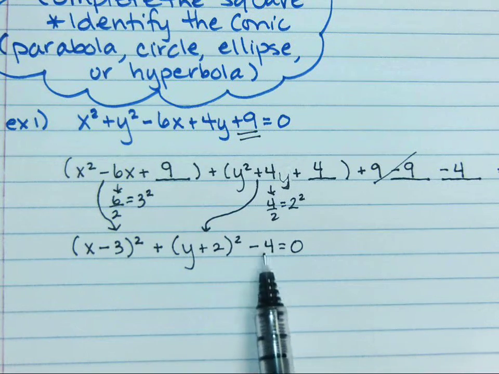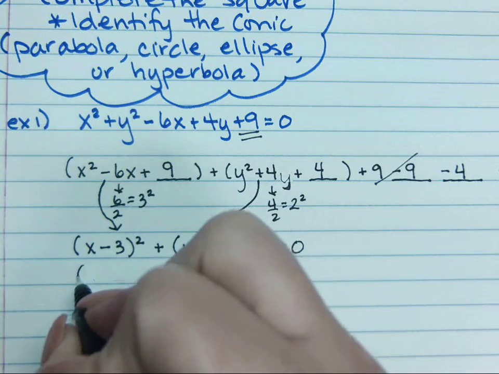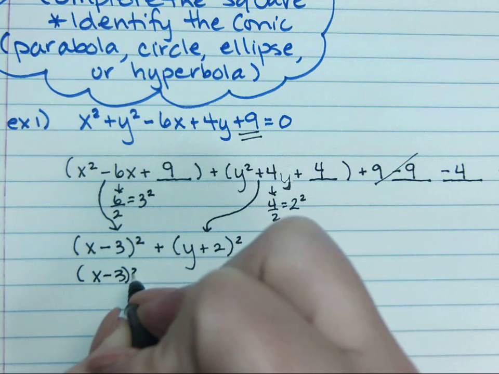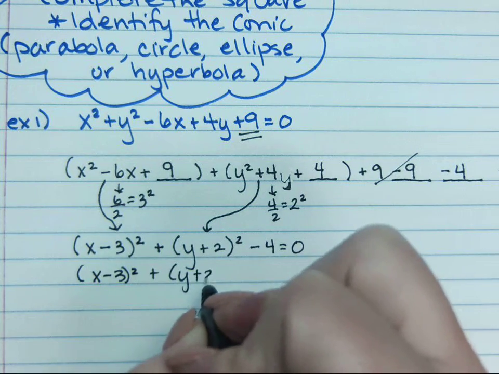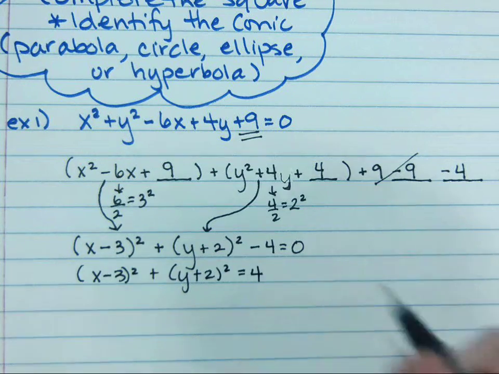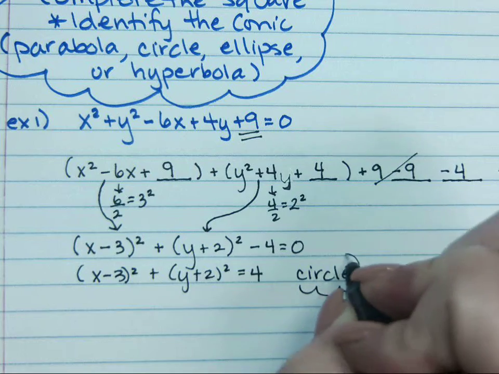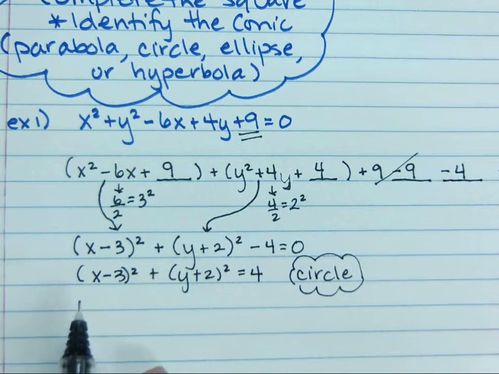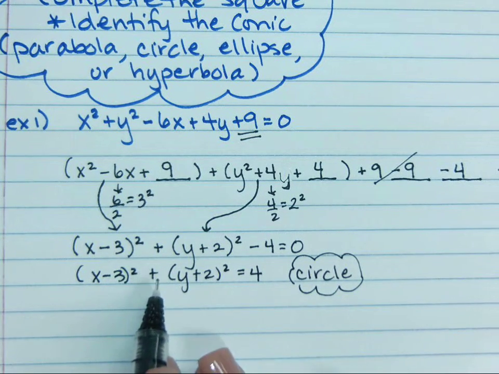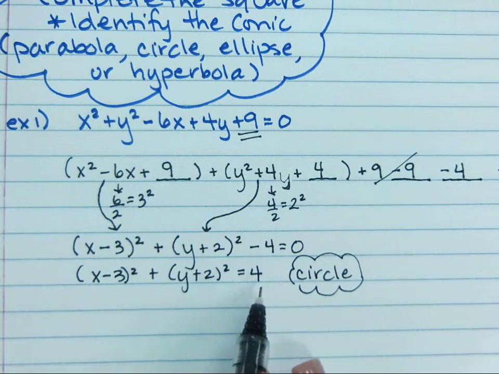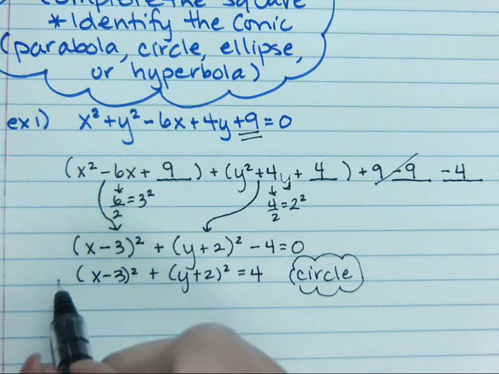I only have this constant. And if I move that constant to the other side, this creates a radius, and this is a circle. So this follows the pattern of x minus h squared plus y minus k squared equals r squared. And this would be my equation.